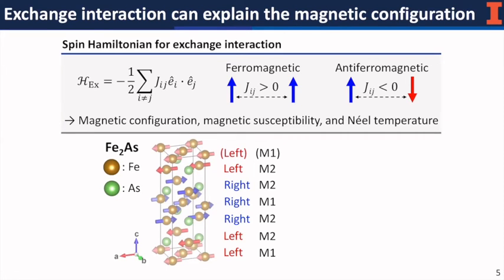I also checked the charge in our calculations, but our target materials are mostly metallic materials, so there is no strong charge density variation in our materials.